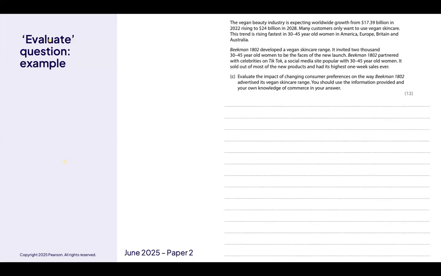There is a lot going on in that context, and students should annotate it, should make sure they understand that. The question itself, then, here's our command word: evaluate the impact of changing consumer preferences on the way Beekman 1802 advertised its vegan skincare range. You should use the information provided and your own knowledge, always worded in the same way.